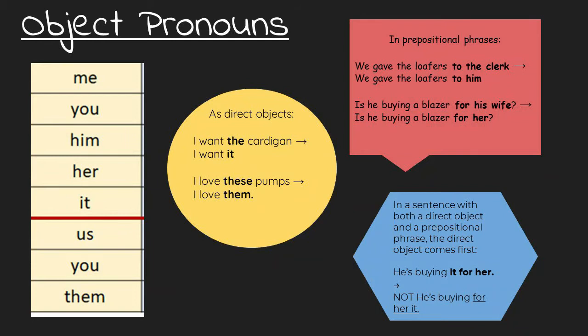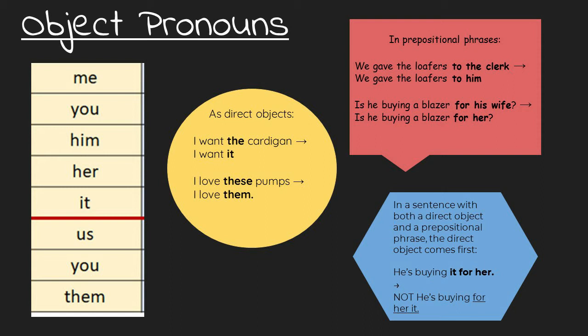The object pronouns are me, you, him, her, it, us, and them, right? So remember that we use me for I, you for you, him for he, her for she, it for it, us for we, and them for they, right?